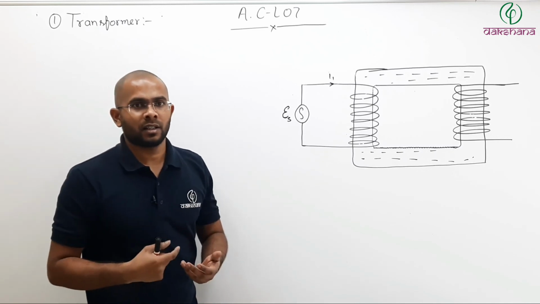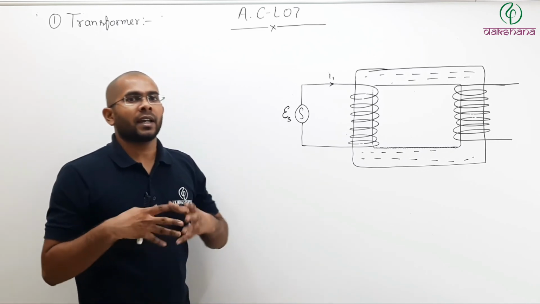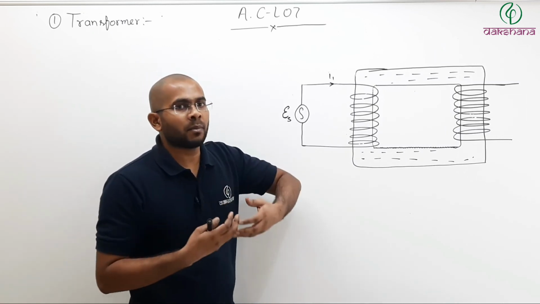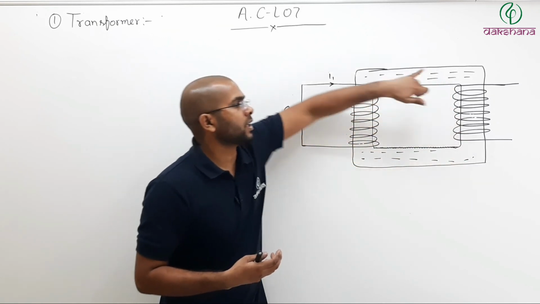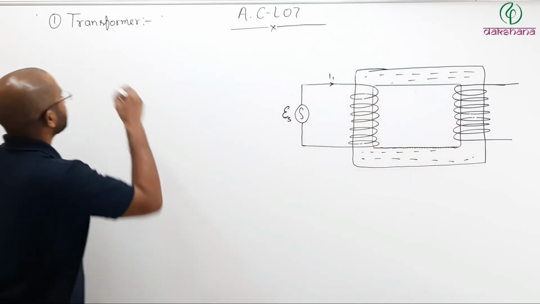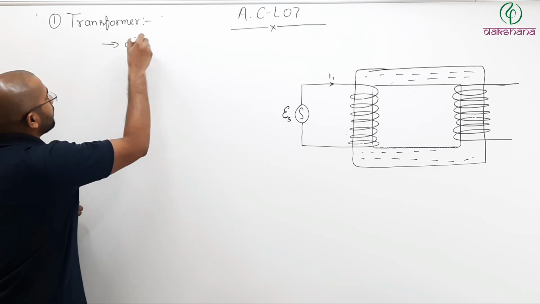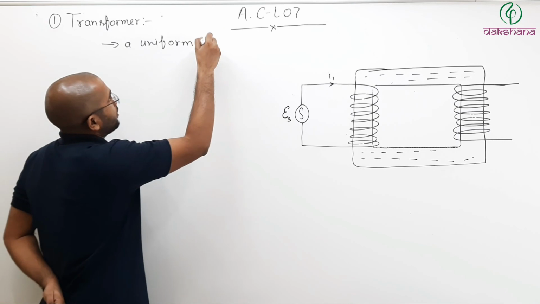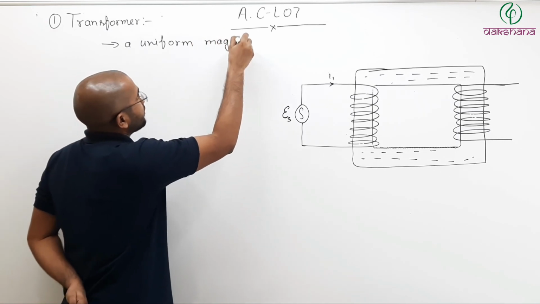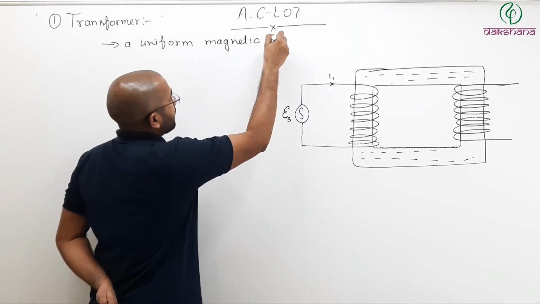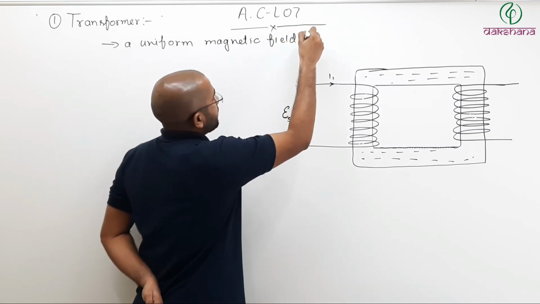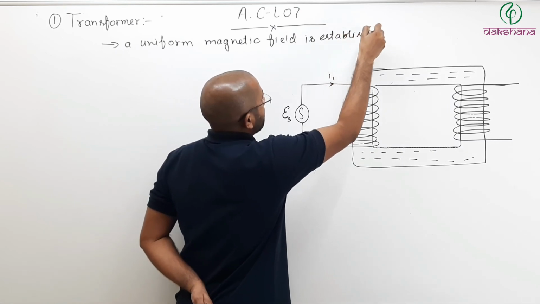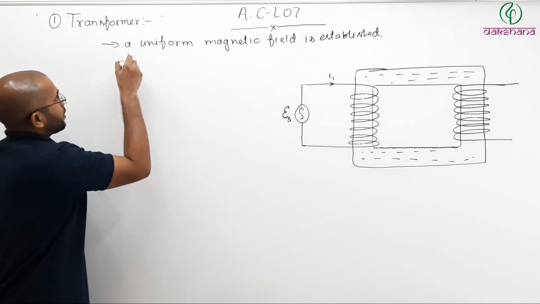It is the same material, and since it is the same material, I can assume that a uniform magnetic field is produced or established throughout the soft iron core. So what I can say? A uniform magnetic field is established throughout the core.